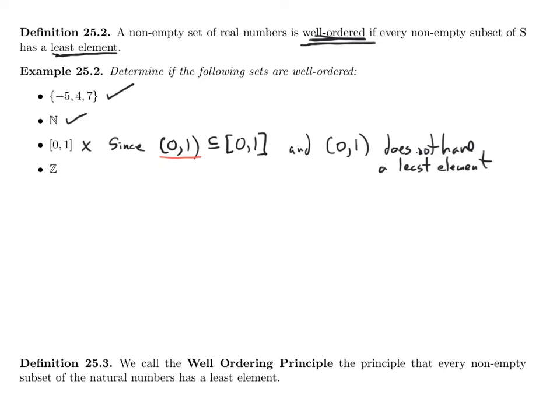Okay. Now we have the integers. And of course, there's lots of subsets that don't have a least element. And this is false too, since the integers is a subset of itself, and we know that the integers has no least element.